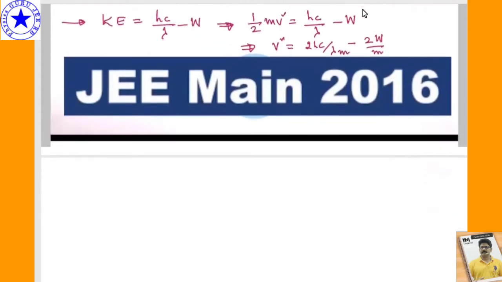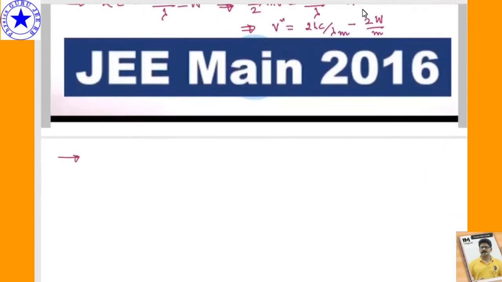Or simply v equals under root of 2hc by lambda m minus 2W by m. So this is nothing but the velocity in the first case, so we keep it in the box.